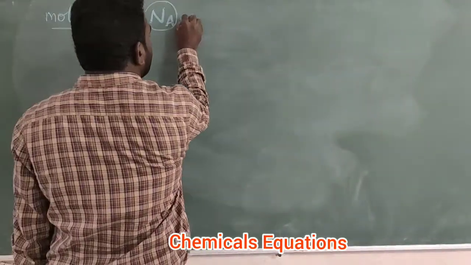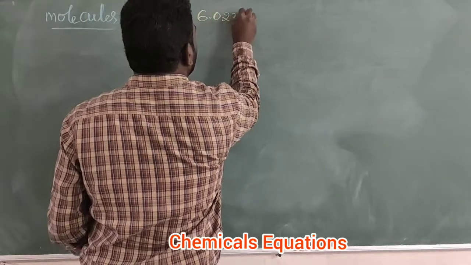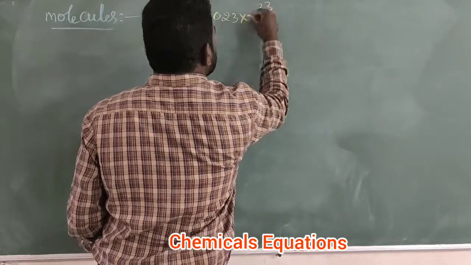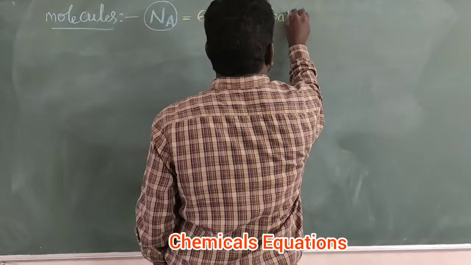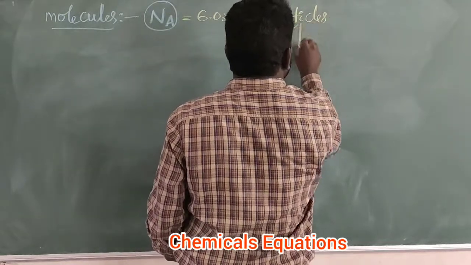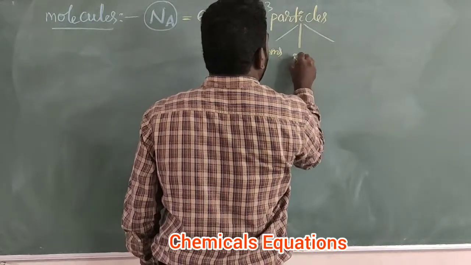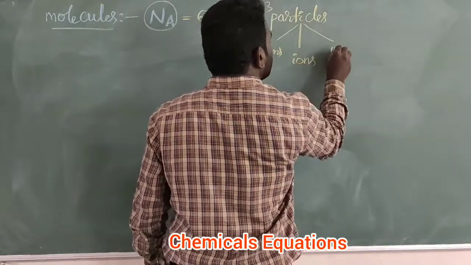The Avogadro number is 6.023 into 10 to the power of 23 particles. Here particles means atoms or ions or molecules.